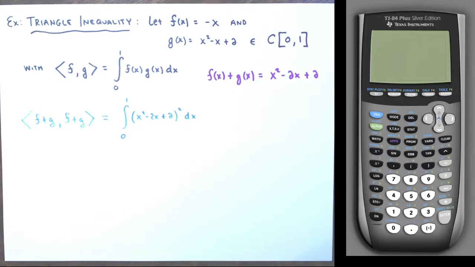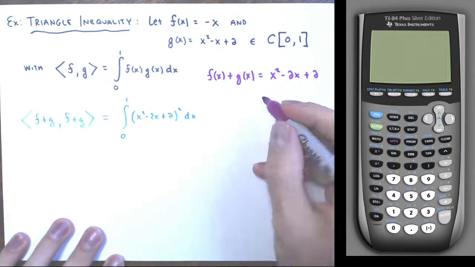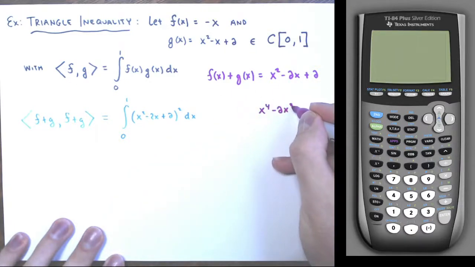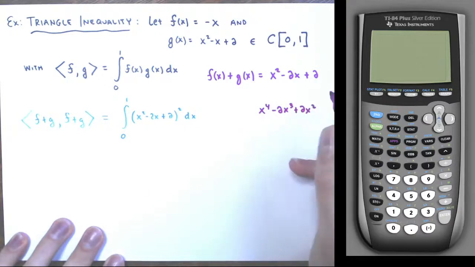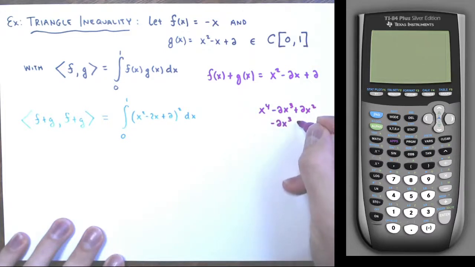Okay, so I'm going to have to multiply this out. Alright, so when I multiply this by itself, if I distribute the x squared, I have an x to the 4th minus 2x cubed plus 2x squared. Then I would distribute the negative 2x to it again, and it would be minus 2x cubed plus 4x squared, and then minus 4x, and then distributing the 2 to itself, plus 2x squared minus 4x plus 4.